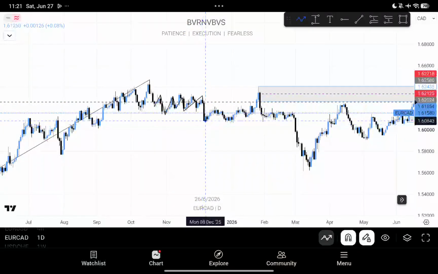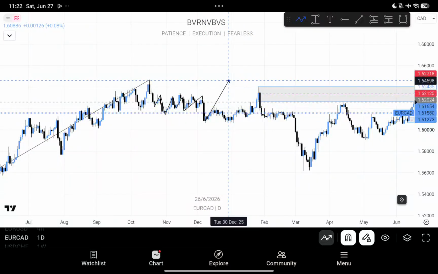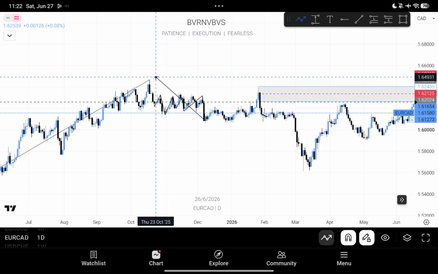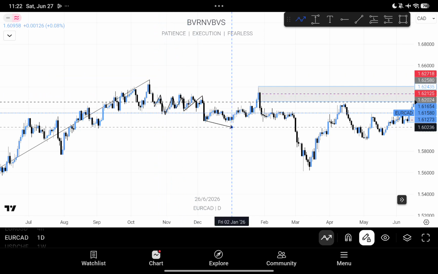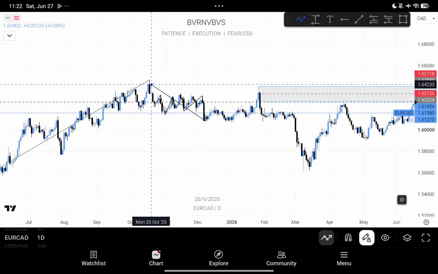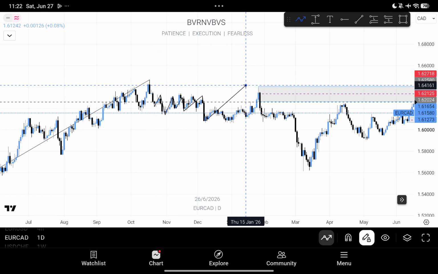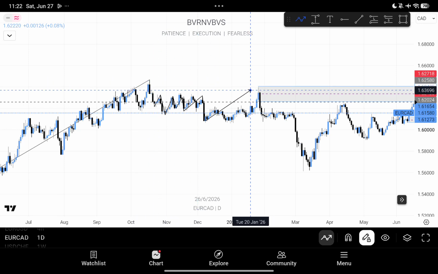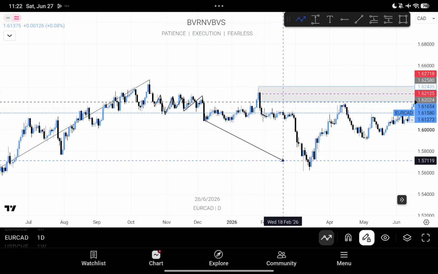Then price broke the resistance zone and pulled up to this other block, but sold from there, then broke down to this zone.